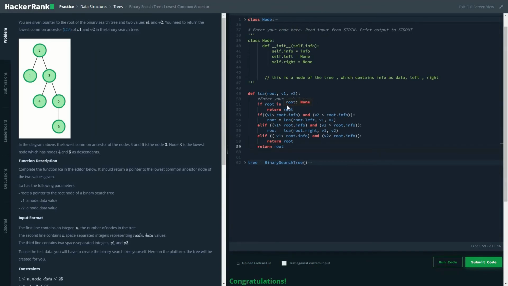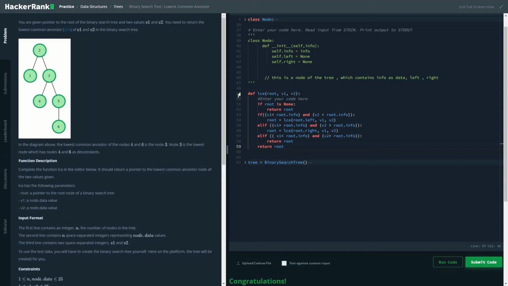The basic idea I thought about while solving this problem is that if both v1 and v2 values are smaller than root.info, we would be performing a recursive call to the left node of the tree, and if both v1 and v2 are greater than the root.info value, meaning the current value, then you'd be performing a recursive call to the right node of the tree.